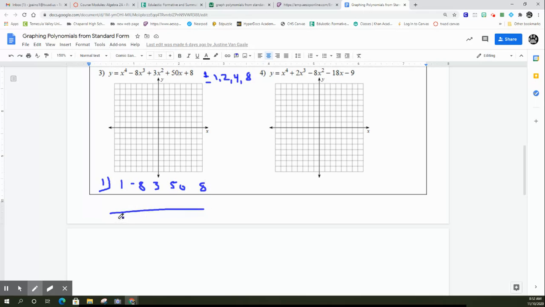Okay, we try 1. We get 1, negative 7, negative 7, negative 4, negative 4, 46, and that's going to be 54. So we have the point 1, 54.